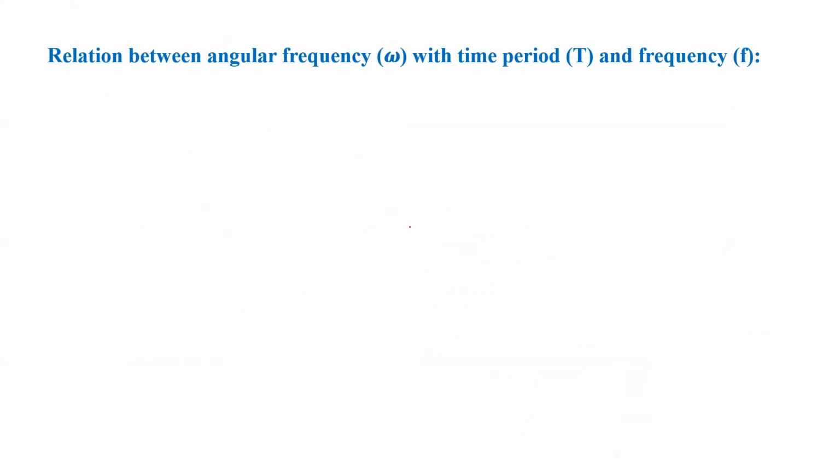We already showed the solution of a simple harmonic oscillator as x equal to a sine omega t. Now, if you add some value to this t, again we are getting the initial x value. How much we have added to this t, that is nothing but the time period.